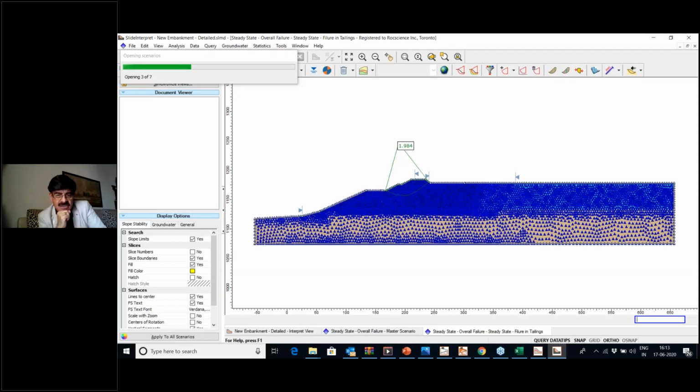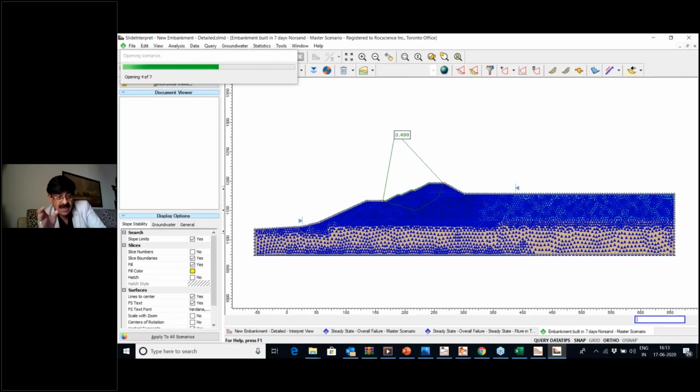So in the initial stage, the factor of safety is close to 2, as you can see now, 1.984. And it drops down because of the excess pore water pressure developed. And depending on the number of days taken to build the embankment, the factor of safety is changing. We'll soon see the results in one go.